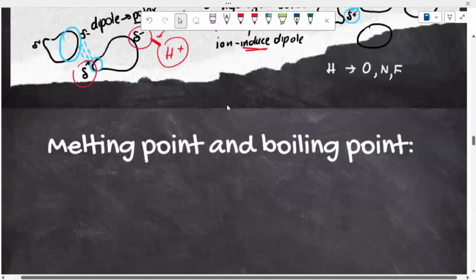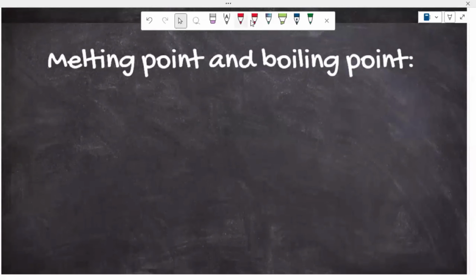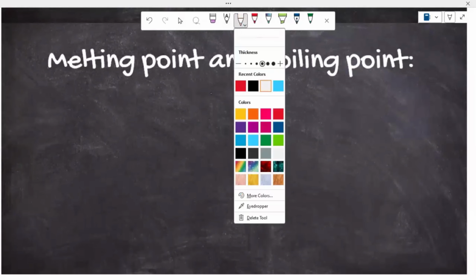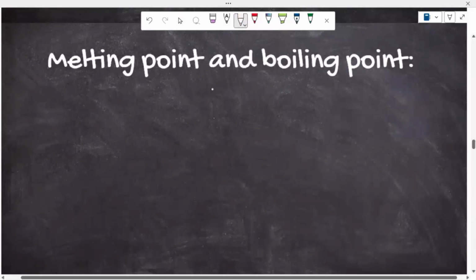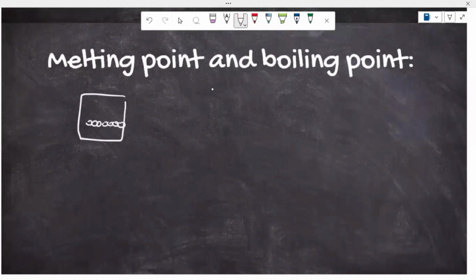Now I mentioned the idea that the forces help us know what phase we're in. If you think of a solid, in terms of its molecular structure, all the atoms are close to each other, they're touching each other. There's very little space for them to move.